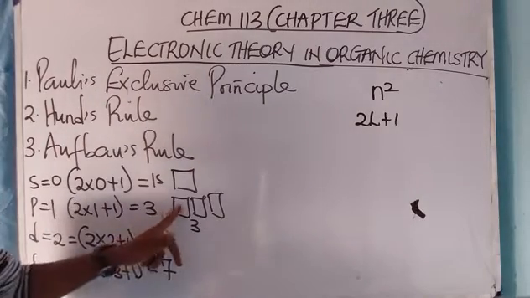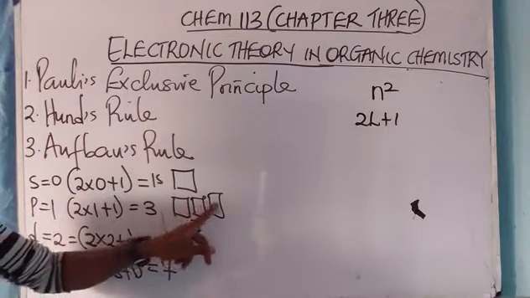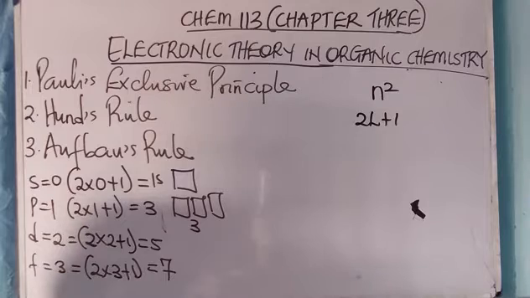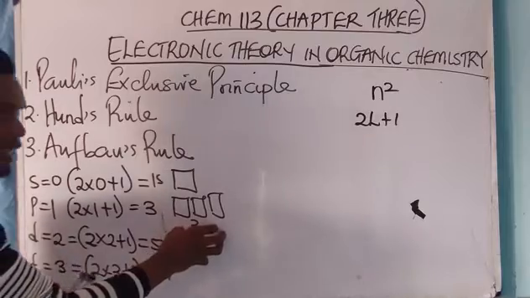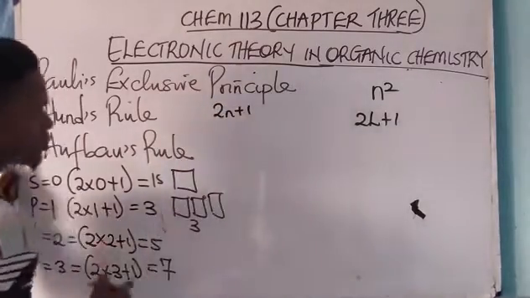If there are 3 orbitals here, how many electrons do you think we found in the orbitals? We have 6 electrons. So take note of that. Now, to know the number of electrons found in a given orbital, we use 2n plus 1.